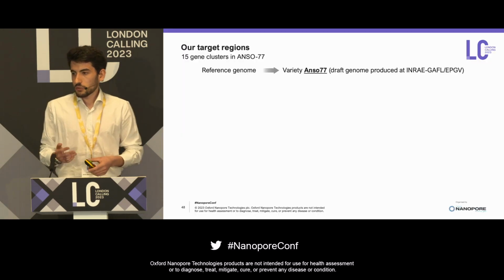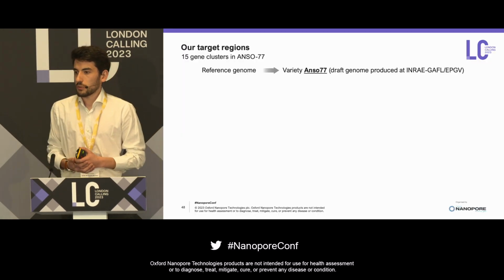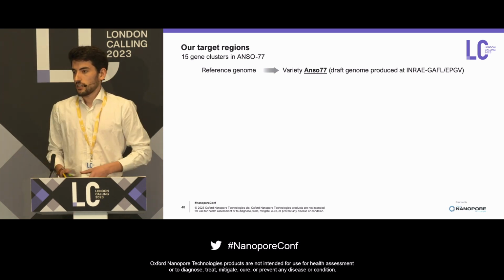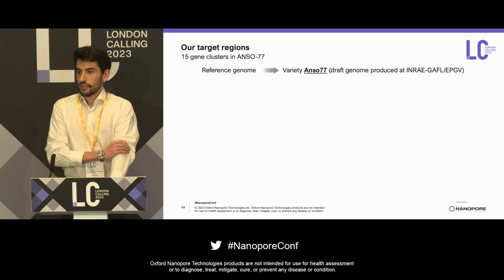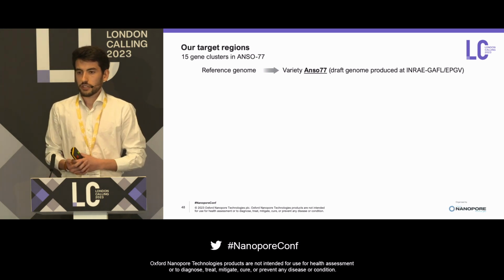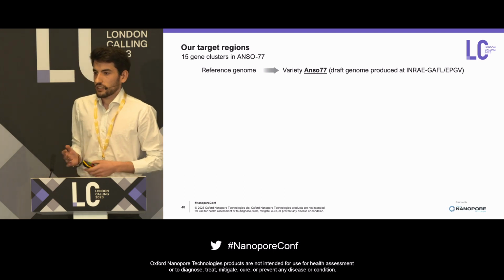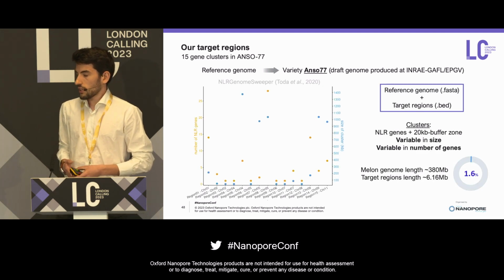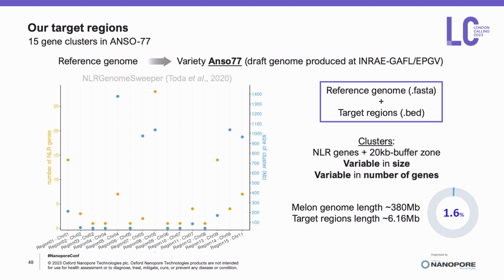So in our case, we are using the variety ANSO 77 as the reference. This is a Spanish variety. We produced the reference genome of this variety in our team, also using nanopore reads, and we characterized this variety very well regarding NLR genes. As we can see here, we predicted 87 NLR genes that are grouped into 15 clusters.